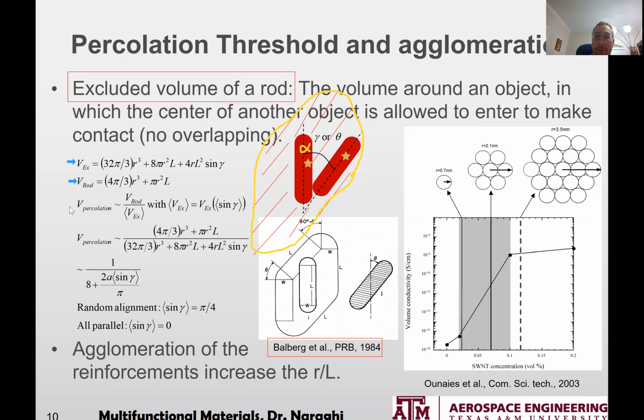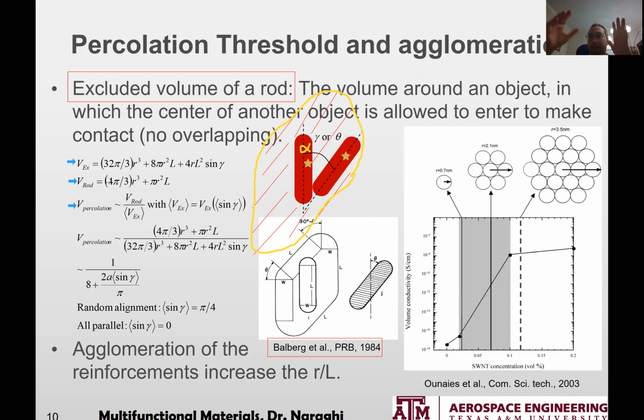They demonstrated that the percolation threshold will be the ratio of these two volumes. And it makes sense if you think about it. It's the volume that the second object can be in as long as they're in contact with each other.